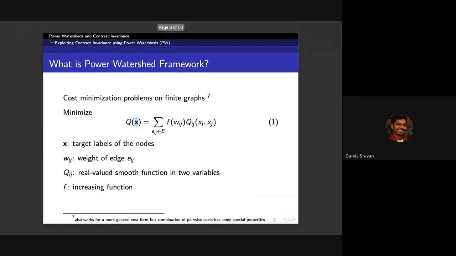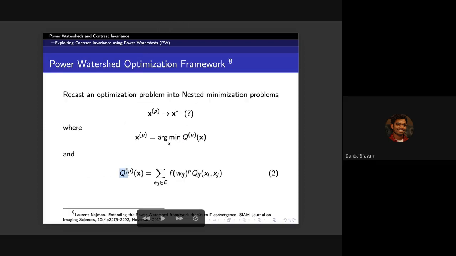Instead of working with this single optimization cost function directly, we create a sequence of cost functions. How exactly would I do that? I raise this first term to integer powers this way, and then I have a sequence of cost functions.